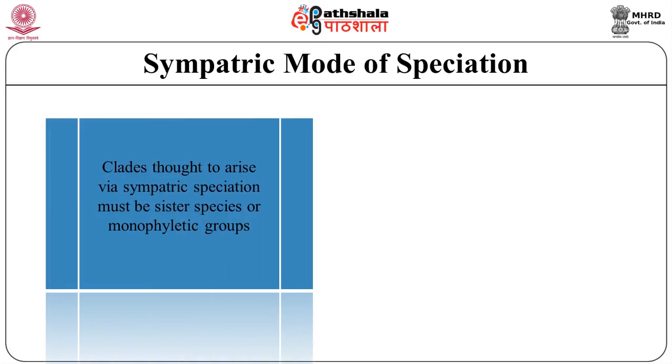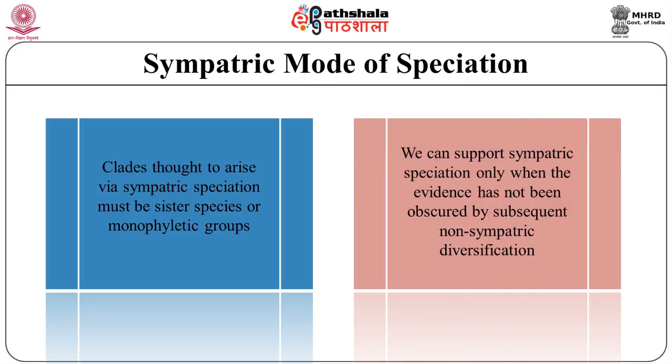Number 3, the clades thought to arise via sympatric speciation must be sister species or monophyletic groups, that is, we can support sympatric speciation only when the evidence has not been obscured by subsequent non-sympatric diversification.